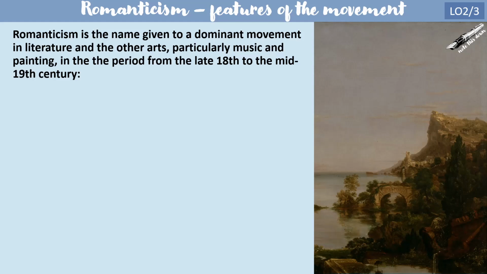I think there's a consensus that focuses around the French Revolution as a beginning, so 1789 beginning the movement, and then it's into the 1840s where the movement begins to come to a close.